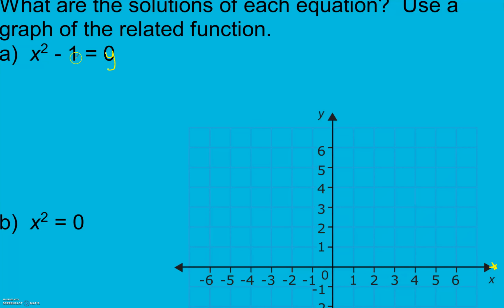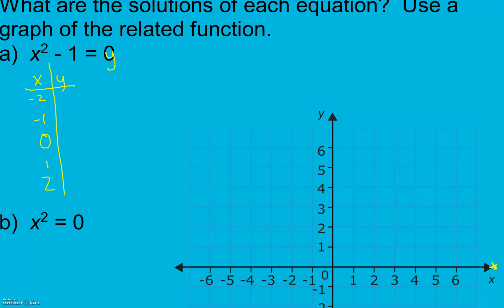So our first step here is to use a table of values. Again, we check to see if we have a b value. Here we don't. No linear term there. So our b is 0. We don't have to worry about it, so we can center at 0 with -2, -1, 0, 1, and 2.